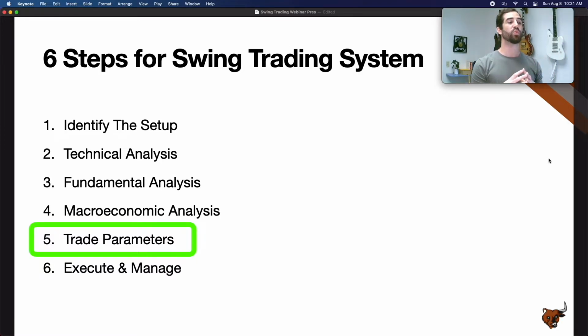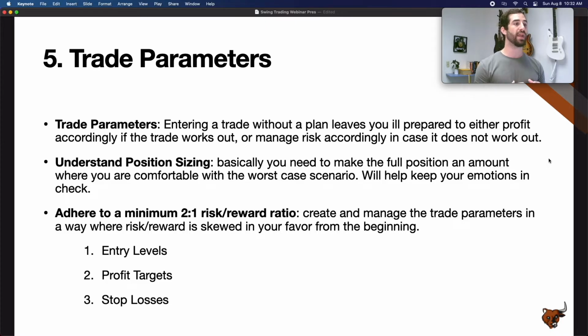This is where we're actually going to work through some examples so you can get a sense of how we can use these trade parameters in real case scenarios to skew the risk reward in our favor and guarantee that across time we get positive results. All right, so let's jump right into this.